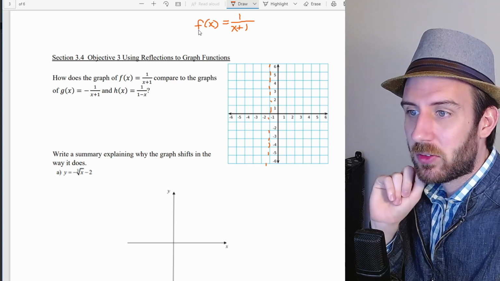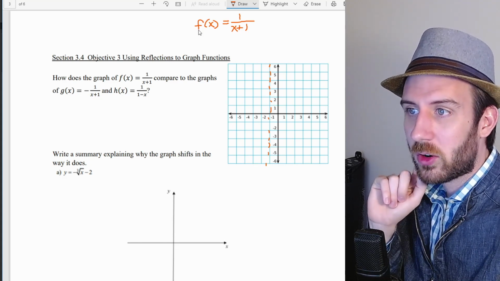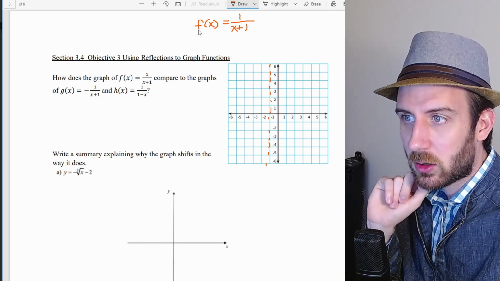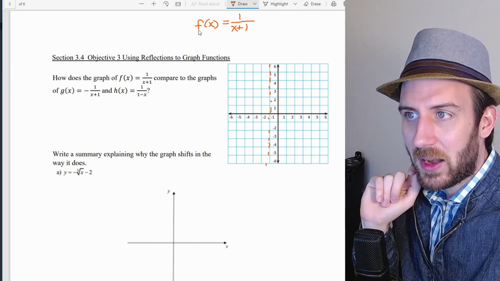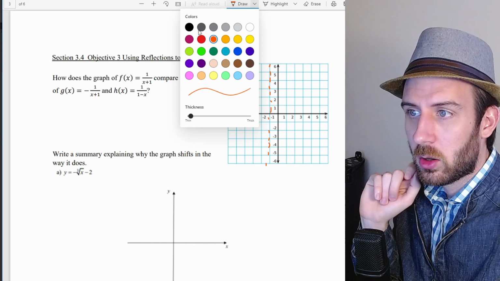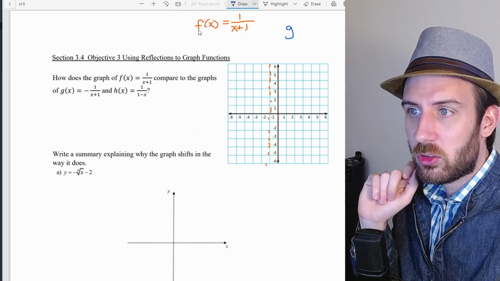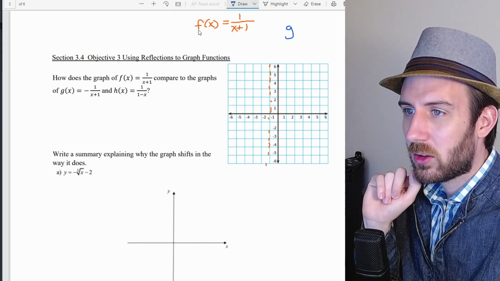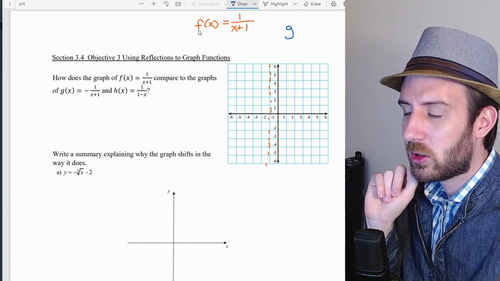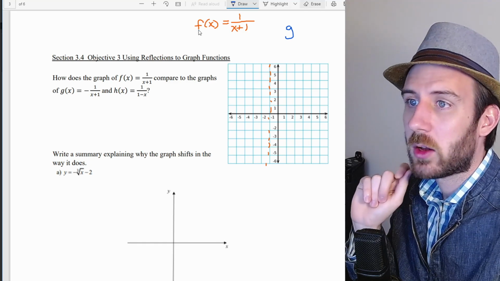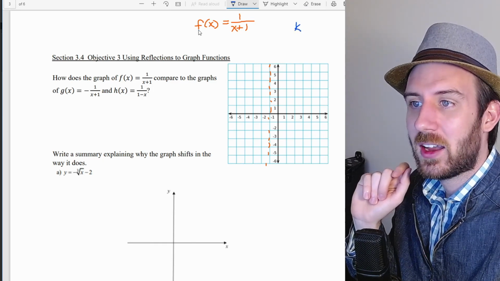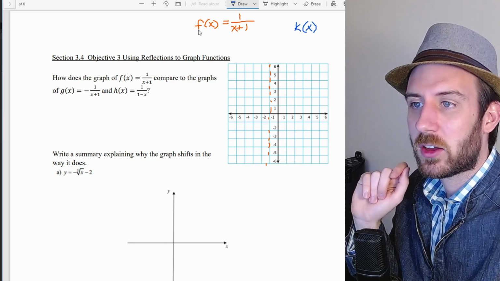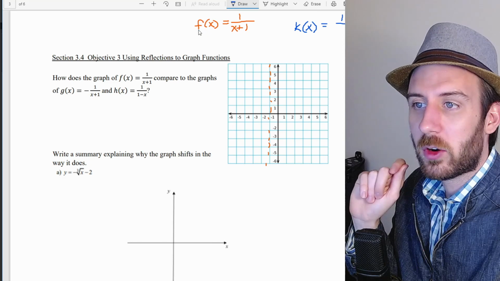And then I could ask myself, okay, well, this 1 over x plus 1, what actually is happening? Well, I guess that kind of looks like the parent function of, I don't want to use g of x. I have f, I have g, I have h, maybe we'll call it k. Okay, so we're just creating our own models here. So let's say this looks kind of like that k of x graph, that would be 1 over x.